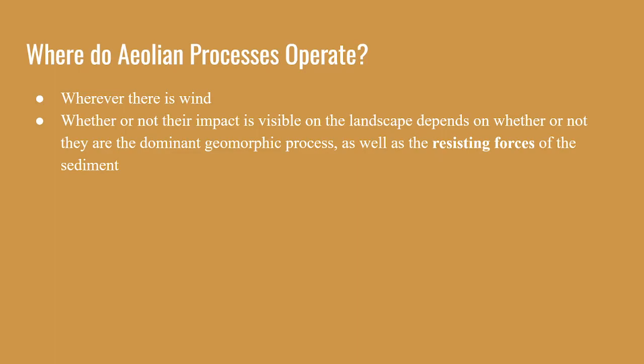So that is why we associate a lot of arid regions with Aeolian processes, because there's a lot less water available, so you actually get to see the consequences of the wind. But wind acts everywhere. I was on the beach a bit ago, and there was lots of sand being blown at me. So Aeolian processes and transport act wherever there is wind.